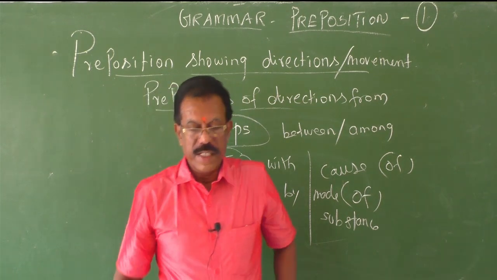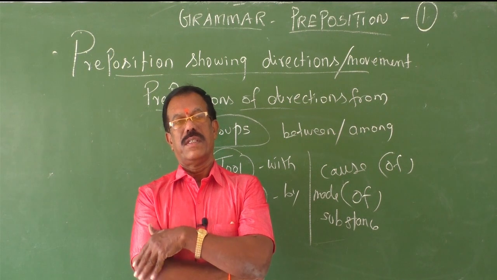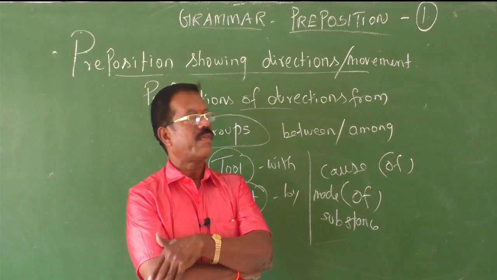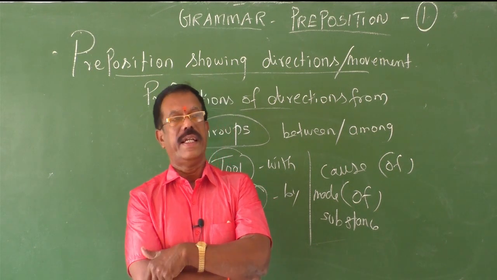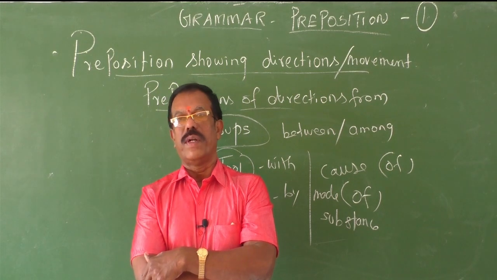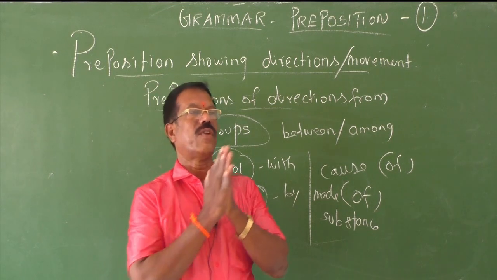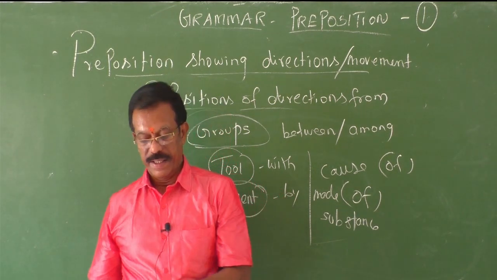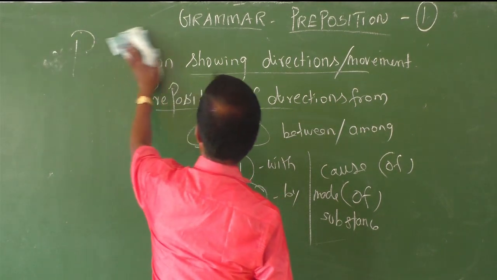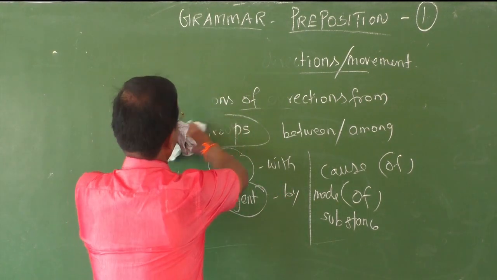So, look here children. When you talk about the kinds of prepositions, the grammarians generally classify all prepositions into three headings, three types. Prepositions showing time, so one category. So a set of prepositions used by us to refer to time. Second category, prepositions used to refer to, see, let me draw a chart, then you can easily understand.